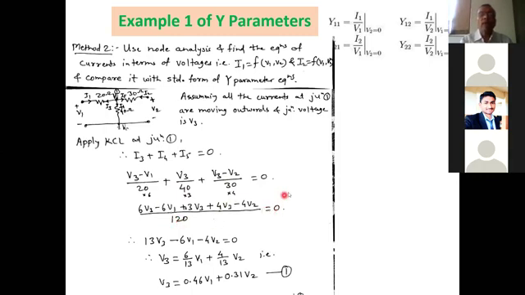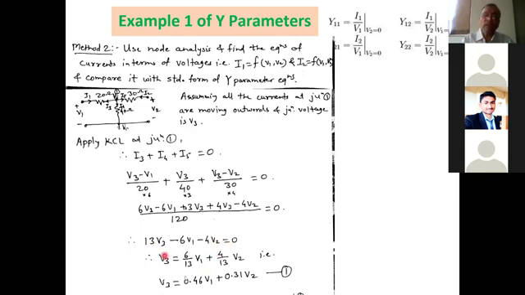Take this 120 on that side and then simplify this equation, that is, club all the terms of V1 together, V2 together and V3 together. So you will get 13V3 minus 6V1 minus 4V2 equal to 0.